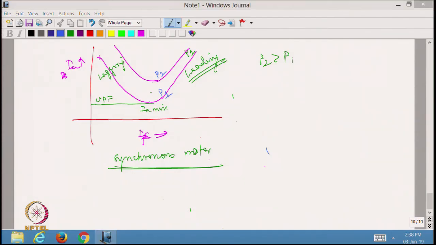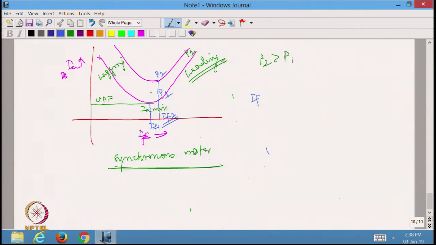But if this is the field current corresponding to, let us say this is IF1, for P2 I would have the minimum armature current corresponding to IF2, because to generate P2 power which is greater than P1, in all probability I will require a higher flux.